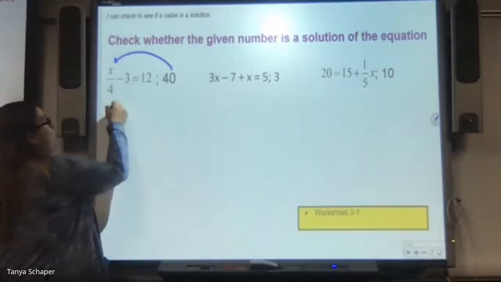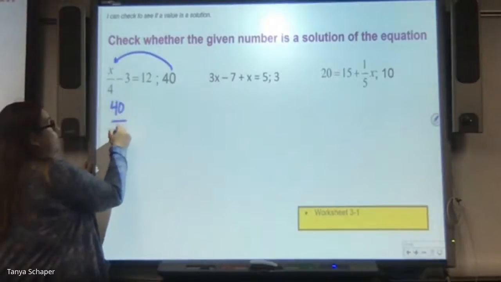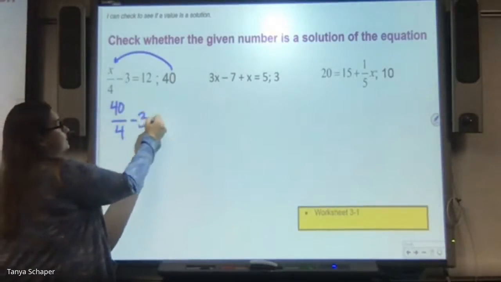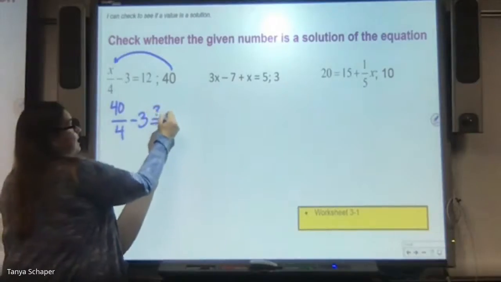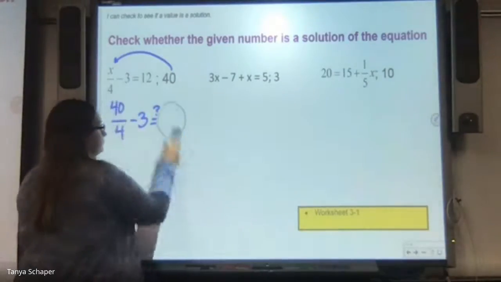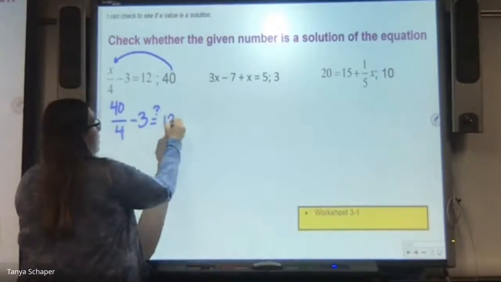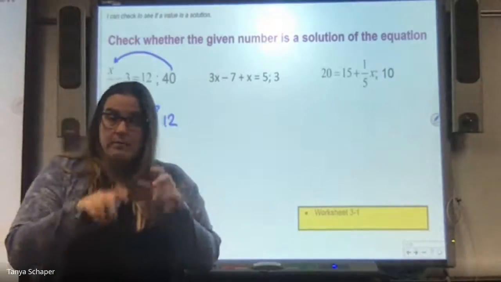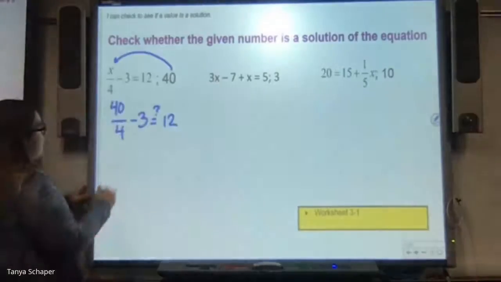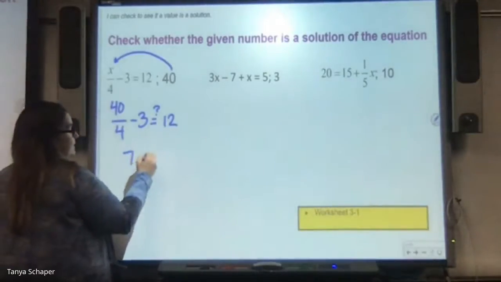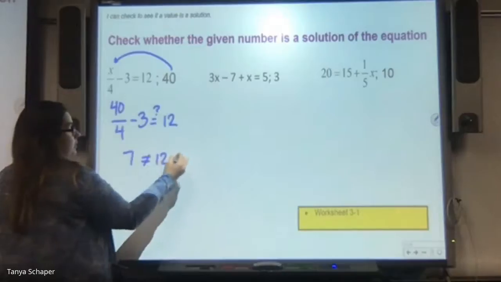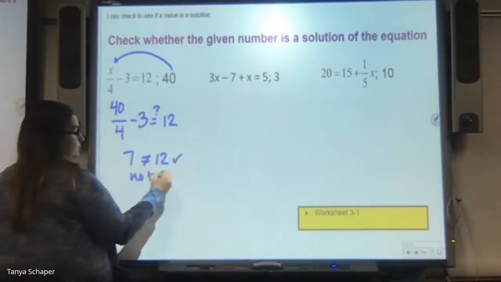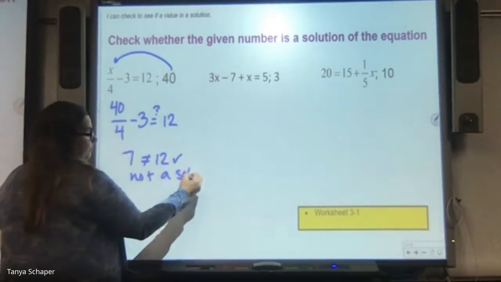So if you wrote 40 divided by 4 minus 3, does that equal 12? And then you typed into your calculator 40 divided by 4 minus 3, and you get 7, doesn't equal 12. Not a solution. That will be good for me.